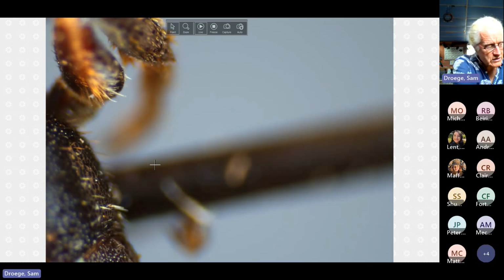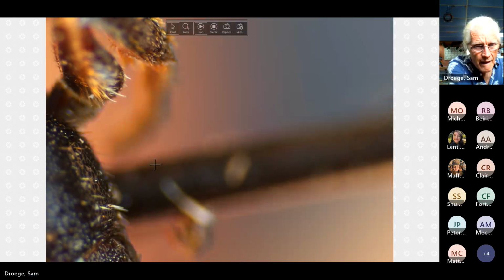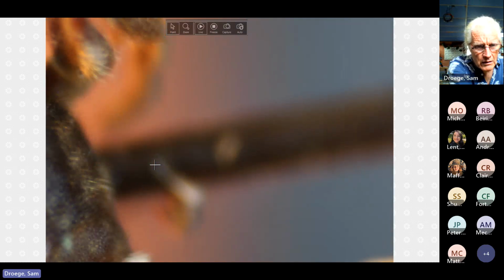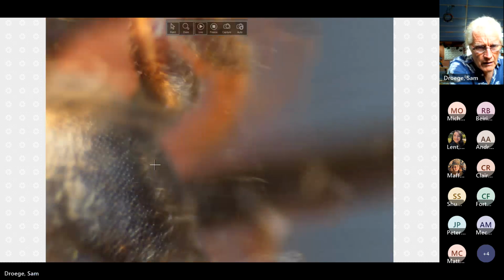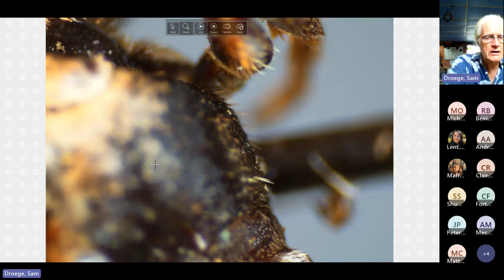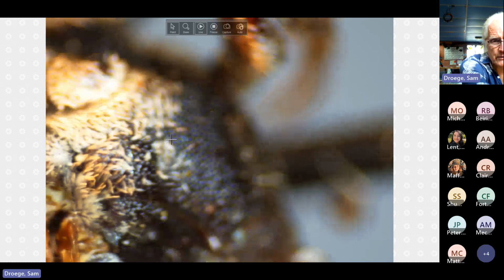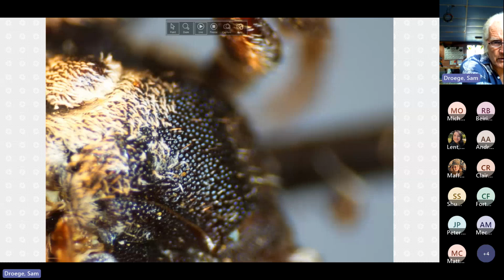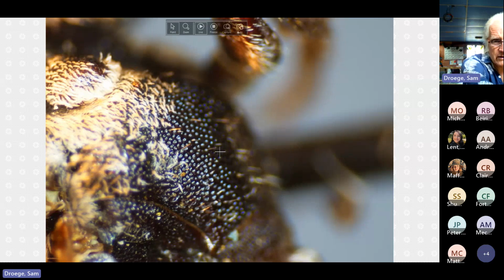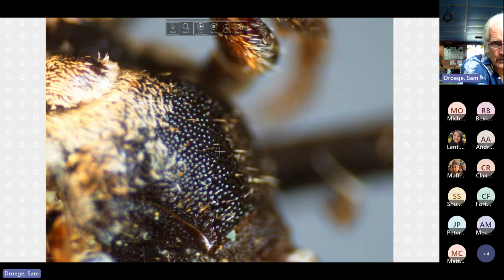I'm going to try and move this specimen up a little bit. Not up at the upper edges. So up here, where the wing is attached, those hairs are absent or maybe rubbed off. And then as you go down, here's one, there's one, you start seeing these scattered hairs.